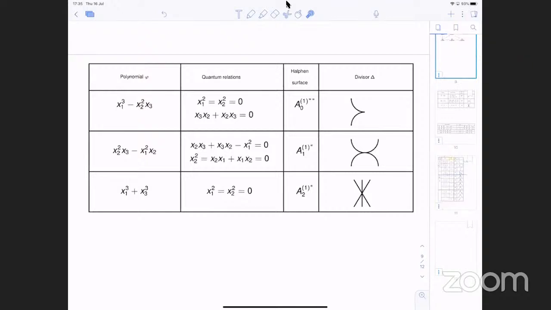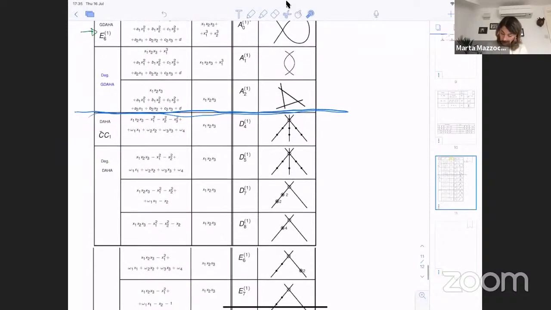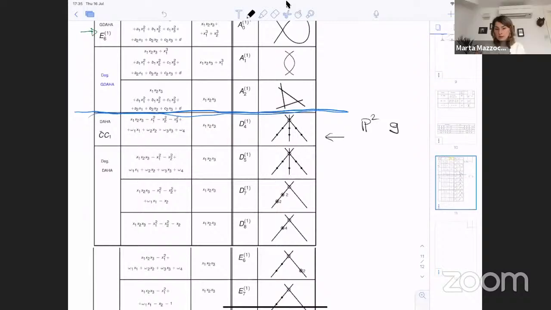And sorry, remind me, what does the Halphen divisor represent in the Painlevé theory? So you see, the initial condition space in the Painlevé equations is given by taking P2 and blowing up 9 points. 9 points, yeah. Which are not in generic position. And so, for example, let me take this example here.